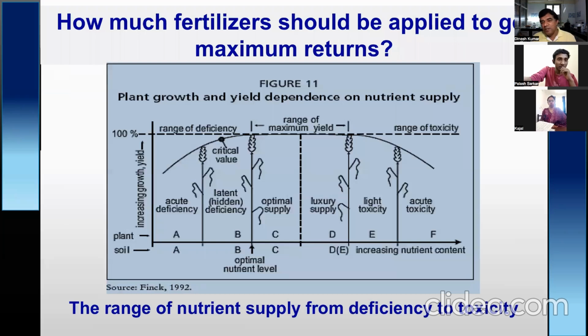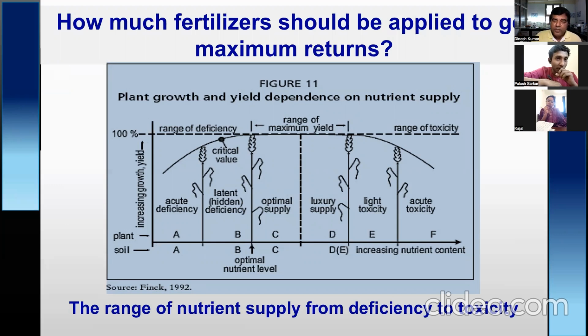Now you see this picture very clearly tells you different kinds of plant growth and nutrient supply responses. So you can see, friends, here on x-axis, you have the concentration of the nutrient in plant or in soil. On x-axis, there is no quantitative value. This is a very relative picture.